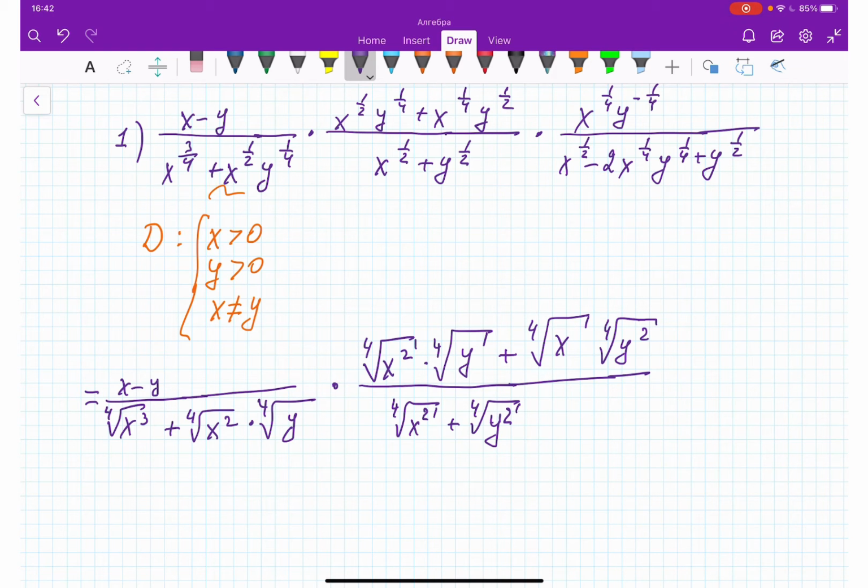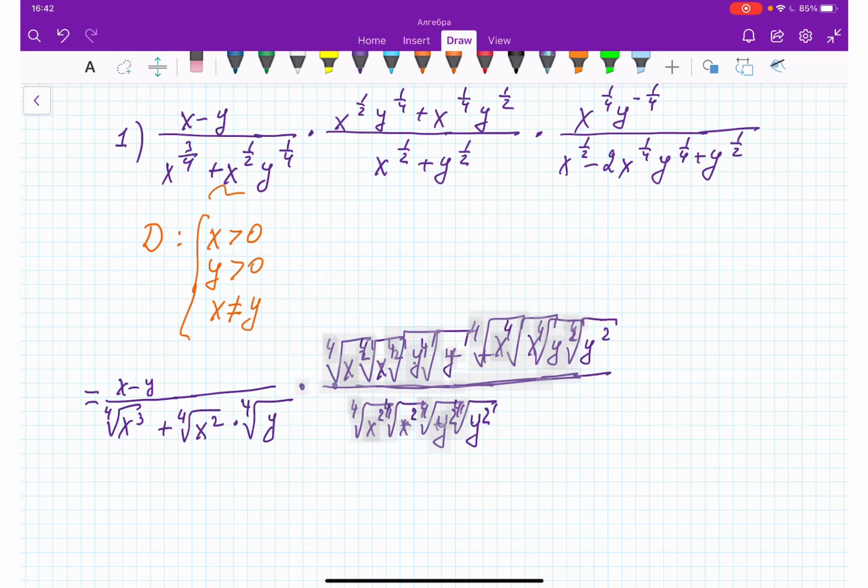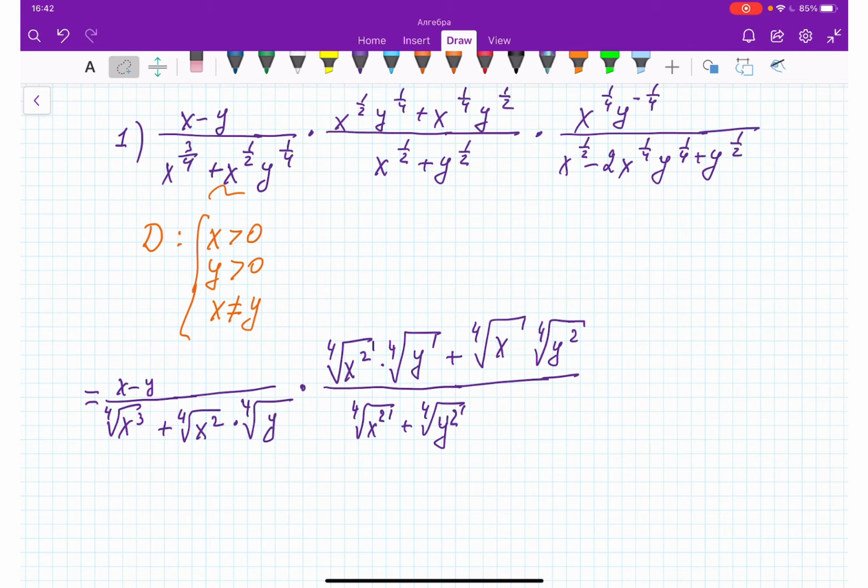Okay, let me write down like this for now. Times, let me shrink this a little bit so I can have space. All right, there we go. Now we have space and we put times.